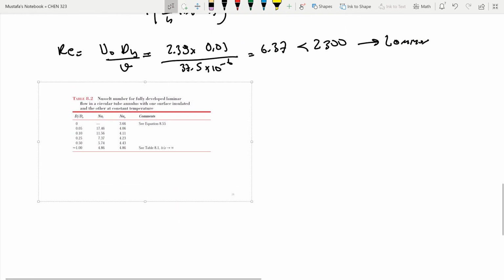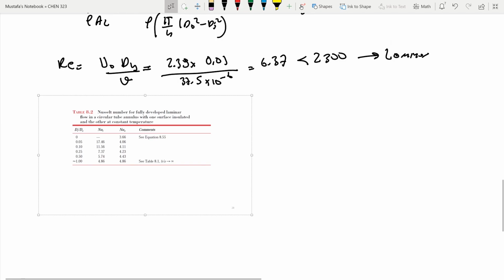Our goal is to estimate the Nusselt inner for the annulus, which is going to give us H out for the system. Okay? So this is H out. That's what we care about. This is H in, this is H out. And there is another H that we don't care about. Right now we are calculating the inner section of the annulus to calculate H bar out for the system.